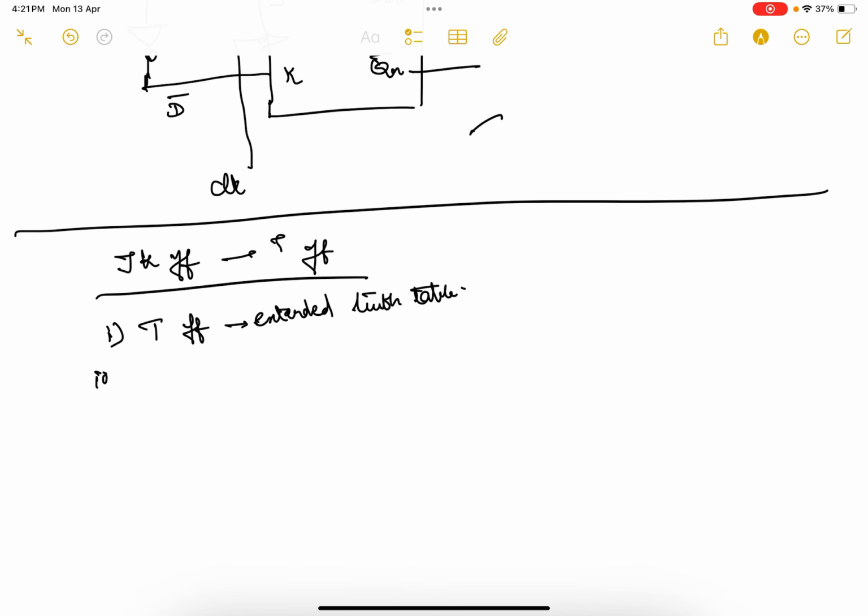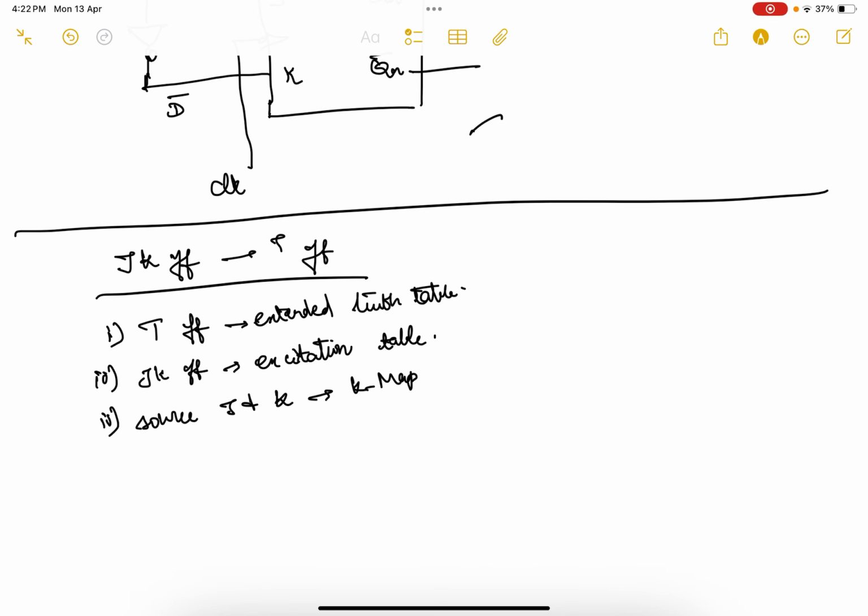Second, for the source flip-flop we want to draw an excitation table. Third, for the same source, that is J and K, I want to go with K-map reduction. Finally, the logic diagram.